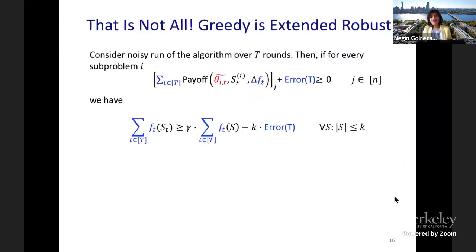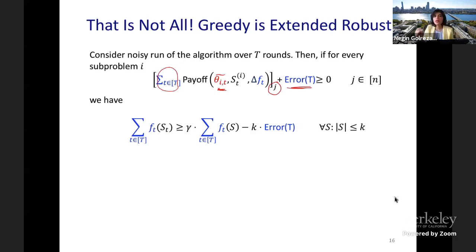But that's not all. In fact, this greedy algorithm is amazing in the sense that it's extendedly robust. So think about a noisy run of this algorithm over T runs. Let's say that for every run I have some noise and I'm returning some noisy version of theta i. And the noisy version satisfies this inequality: if I add up this vector payoff across all the time periods and look at coordinate j, with a little bit of error, which is a function of T, this is going to be greater than or equal to 0.